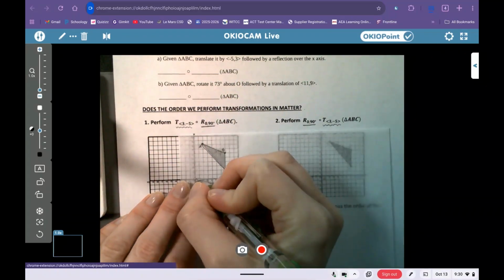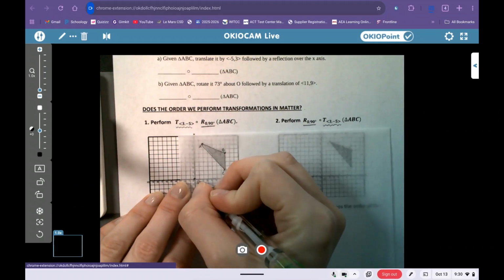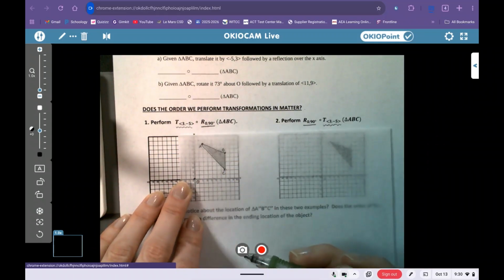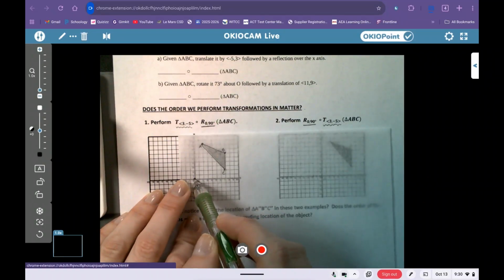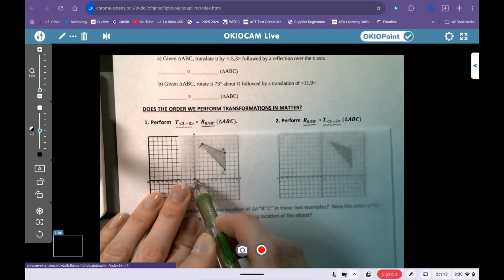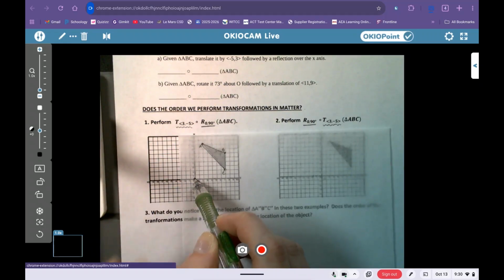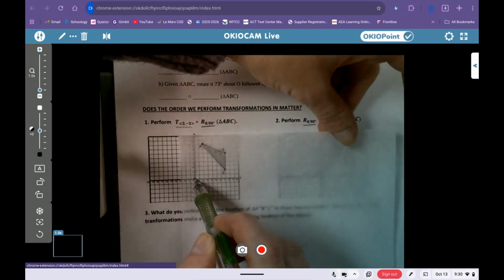And then we're going to do that rotation around the origin. So I'm putting that on my graph as well. Okay, and then I'm going to put my pencil on O. In which direction should I turn my paper to go 90 degrees? Left. Good, left, counterclockwise.